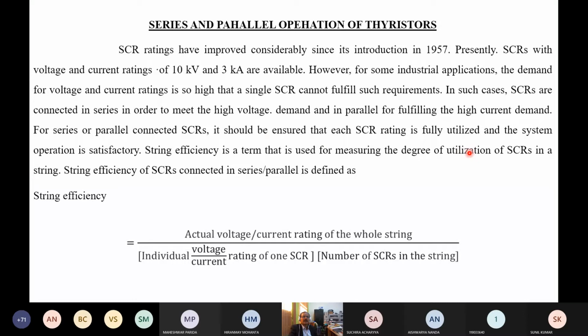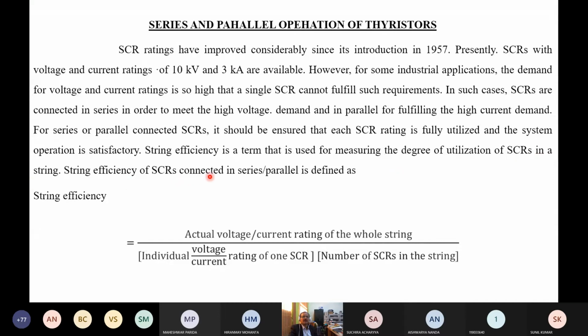But in series parallel operation, it should be ensured that each SCR rating is fully utilized. Okay. Each SCR rating is fully utilized. Please note down this sentence, and the system operation is satisfactory. From this we define a term called string efficiency, a term that is used for measuring the degree of utilization of SCR in a string.